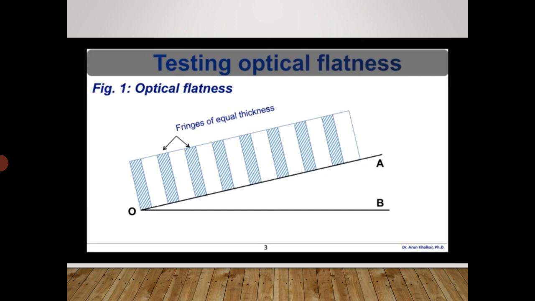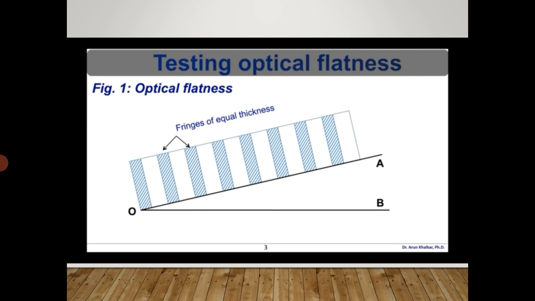The change in thickness of the air wedge will dictate the shape and orientation of the interference fringes, and their shape gives a visual representation of the flatness of the surface being tested. Straight, parallel and evenly spaced fringes indicate that the work surface flatness is equal to the reference surface.